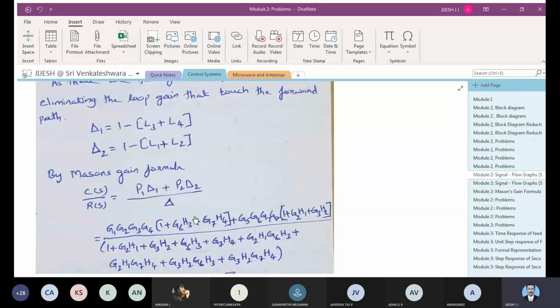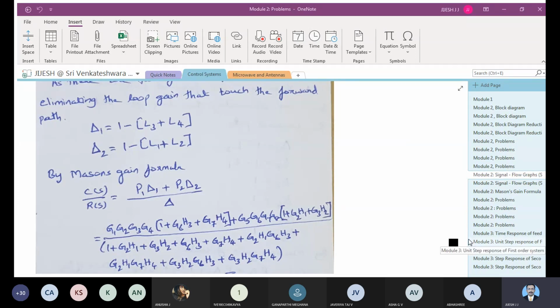You should keep moving forward in the direction of the branches, and the path has to touch both the input node as well as the output node. So if you start from here, you can see that the complete thing from x1 to x8 is the forward path. We have seen all these things in detail: the forward path, gain, loop, all those things.